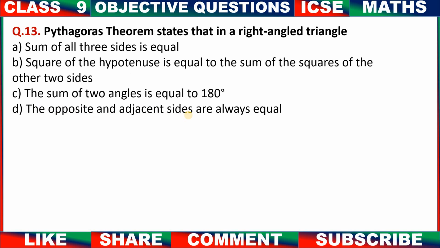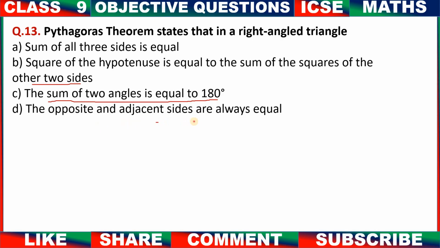Next, Pythagoras theorem states that in a right angled triangle, sum of all three sides is equal. Square of the hypotenuse is equal to the sum of the squares of the other two sides. The sum of two angles is equal to 180 degree.